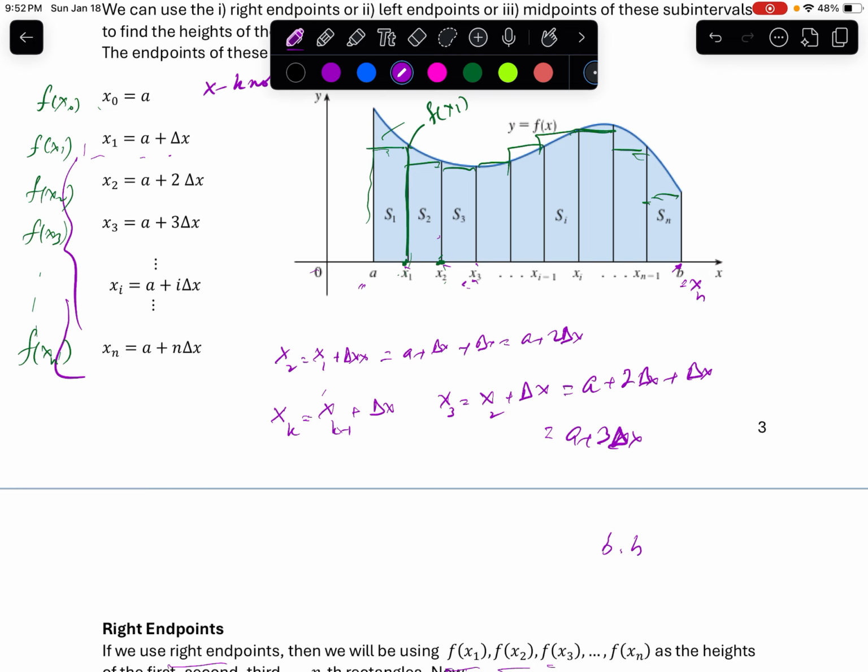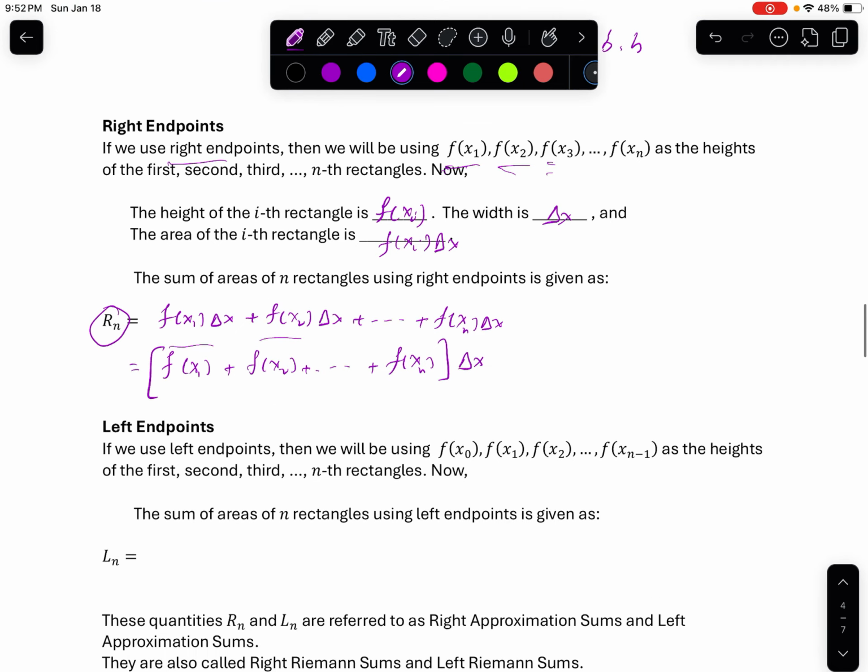So this is only the right endpoint, and this is only the left endpoint, but the ones in between are both left and right endpoints. So we will start at x sub 0 and we go up to x sub n minus 1.